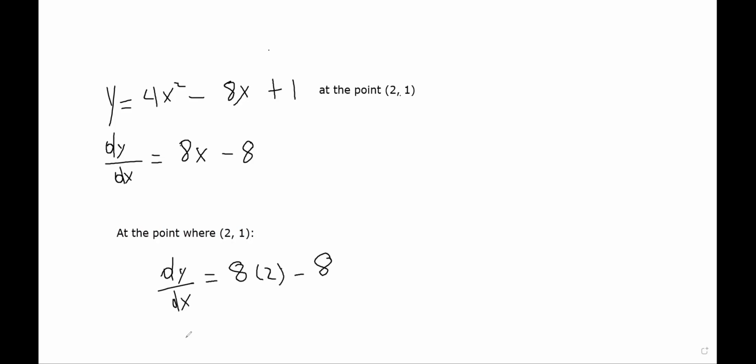We don't need to use our y value because we don't have any y in this equation, right? We just have x, so we just need to plug in our x value. So we say 8 times 2 is equal to 16.